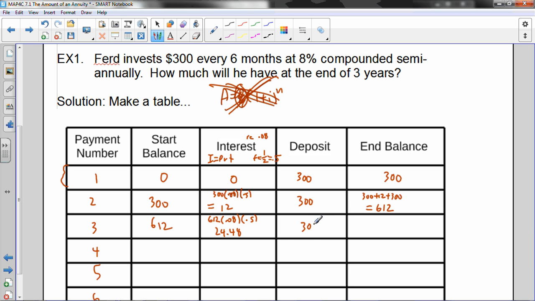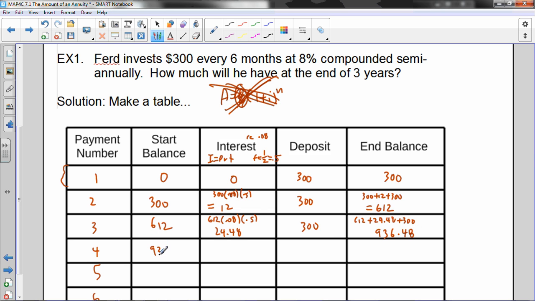But he puts another $300 in. And you see how this is adding up very quickly. I add those 3 things up, the amount that he started with, plus the interest he earned, plus the $300 payment. He's got $936.48 in the bank. And this keeps going.